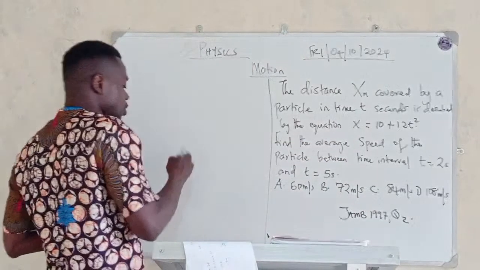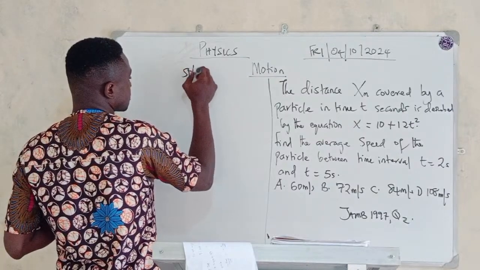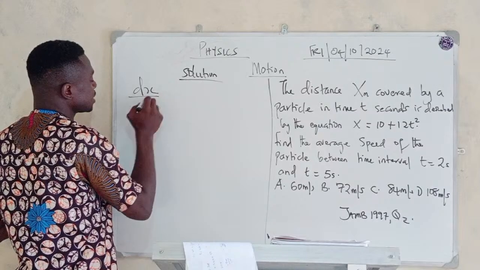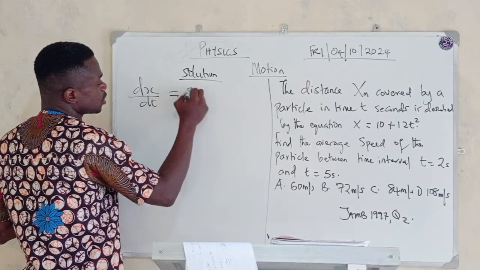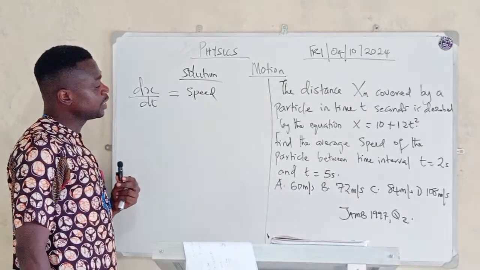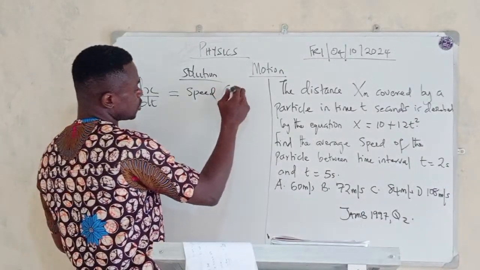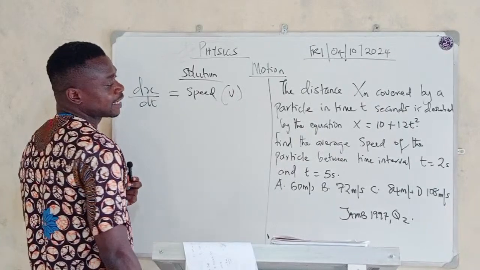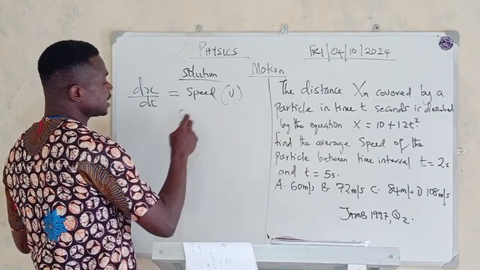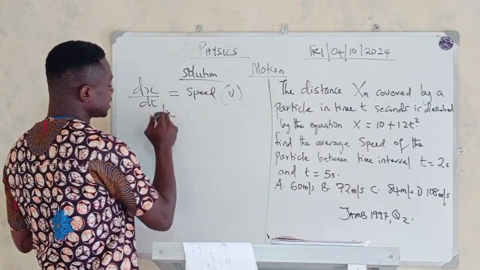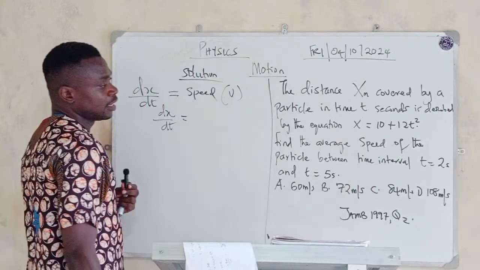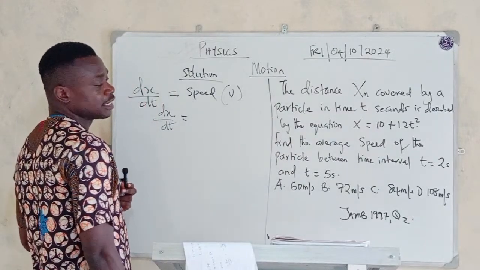So solution from calculus: dx/dt will give us speed, which is v. So if that is the case, let's differentiate this equation. dx/dt in this equation: if you differentiate a constant, 10, it is 0.